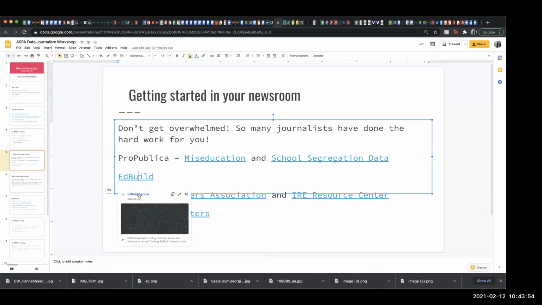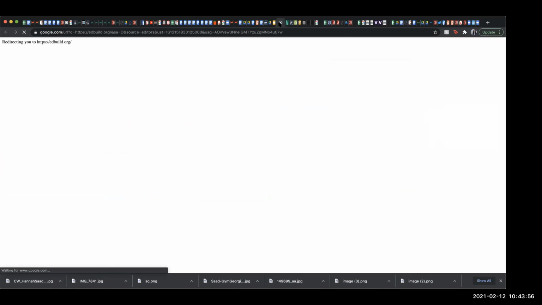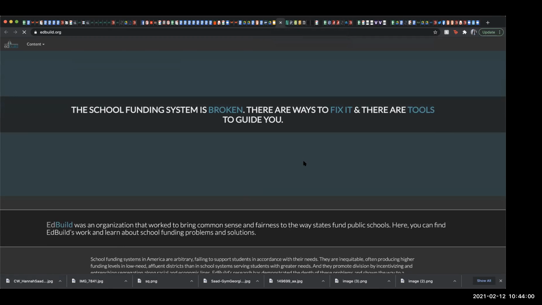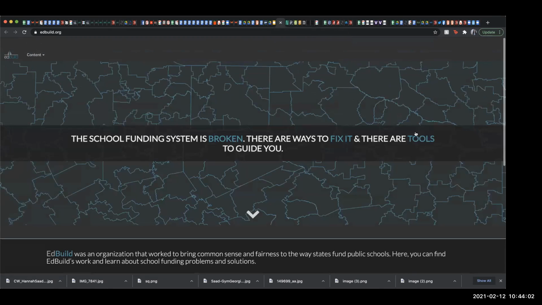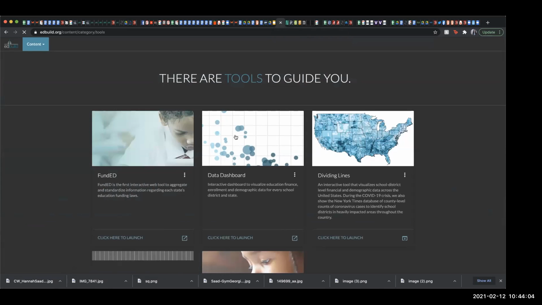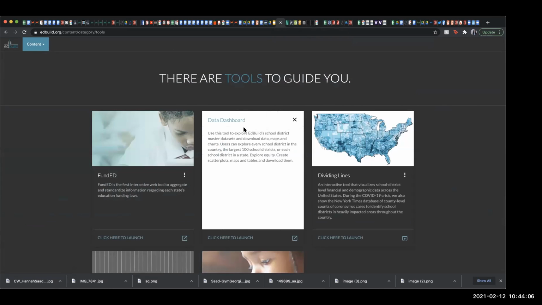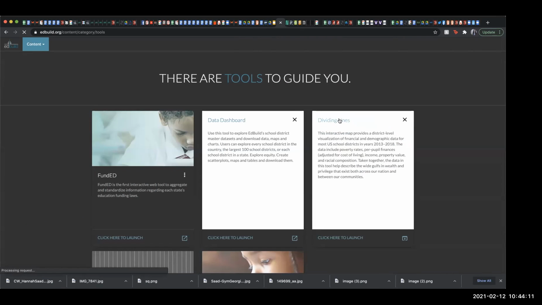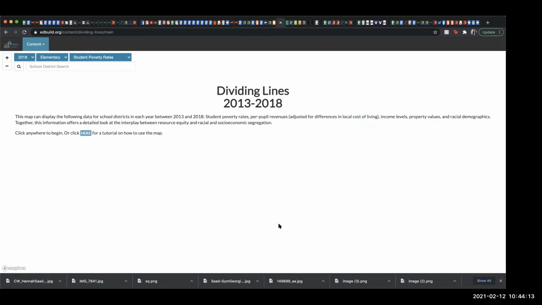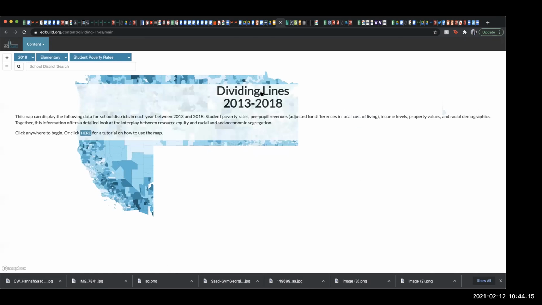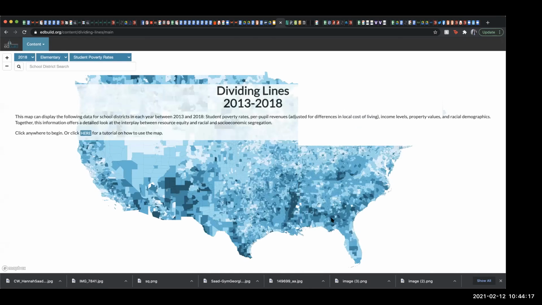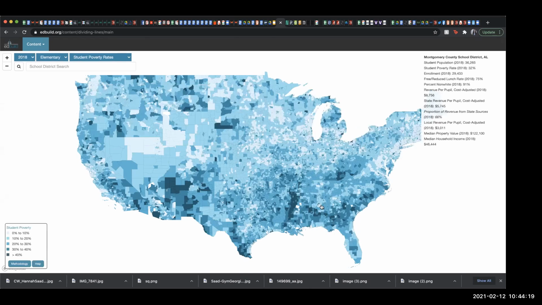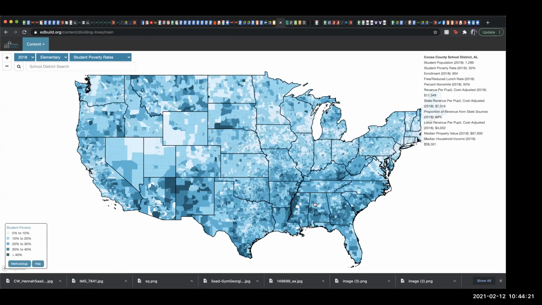Another one that I like is EdBuild. This one has mapping data. So this is able to tell, here are some tools, data dashboard. This is one of my favorite reports, just because it's so intuitive, but you can click on your county and a school district inside of it.